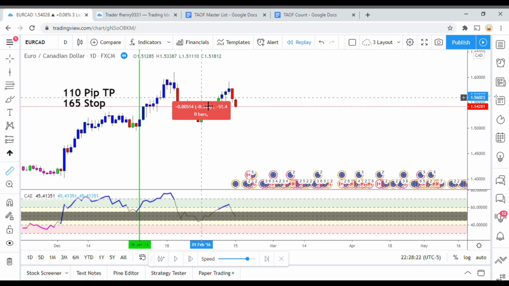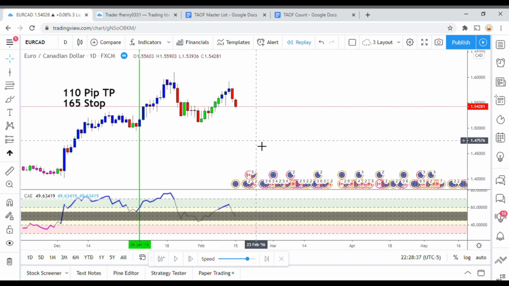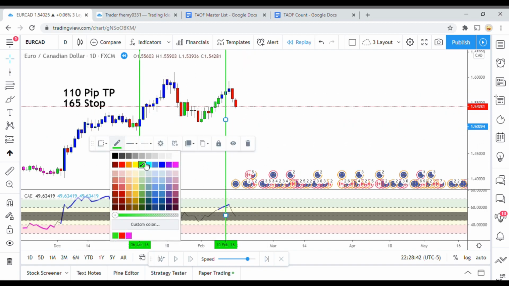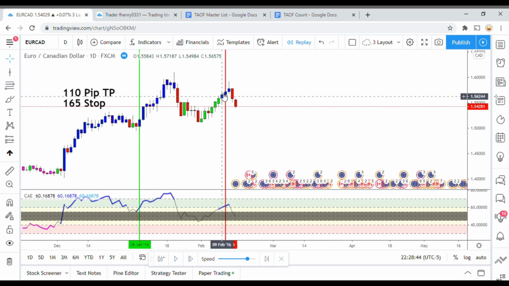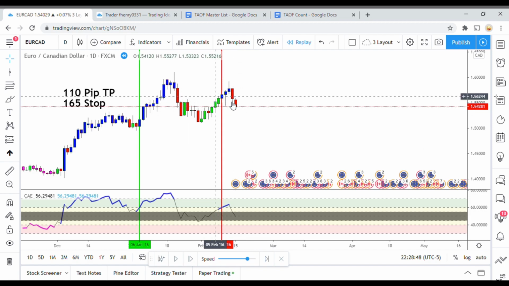I am concerned about how far it pulled back here though. In instances like this, and it doesn't happen very often, this definitely would have come down and stopped us out on this lower wick right here. So always be mindful when you are testing.